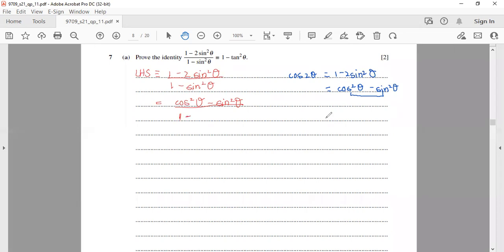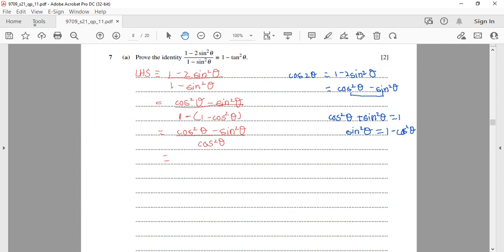Again, remember that cos squared theta plus sine squared theta is equal to 1. So sine squared theta should be equal to 1 minus cos squared theta. We'll make use of this here: minus (1 minus cos squared theta). Let's simplify. The numerator is cos squared theta minus sine squared theta, and the denominator is 1 minus 1, which is 0, and minus minus cos squared is cos squared theta.